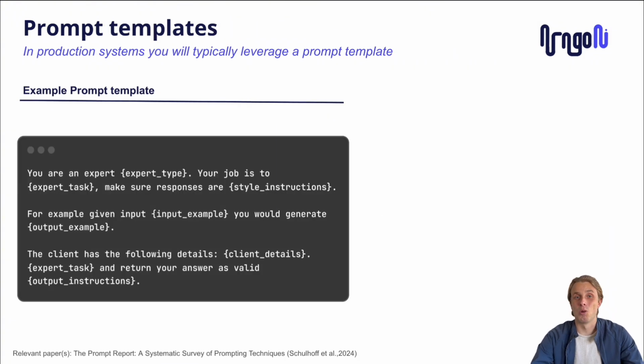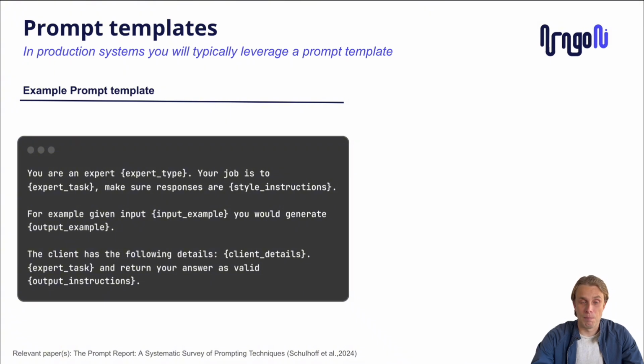Okay, let's take it a bit more practical and look at how we would typically use a prompt in production. For most production use cases, you want it to meet the needs of and serve a large user base. You're not typically doing it for just one specific user or one specific example. So how we address that issue is we create something called a prompt template.